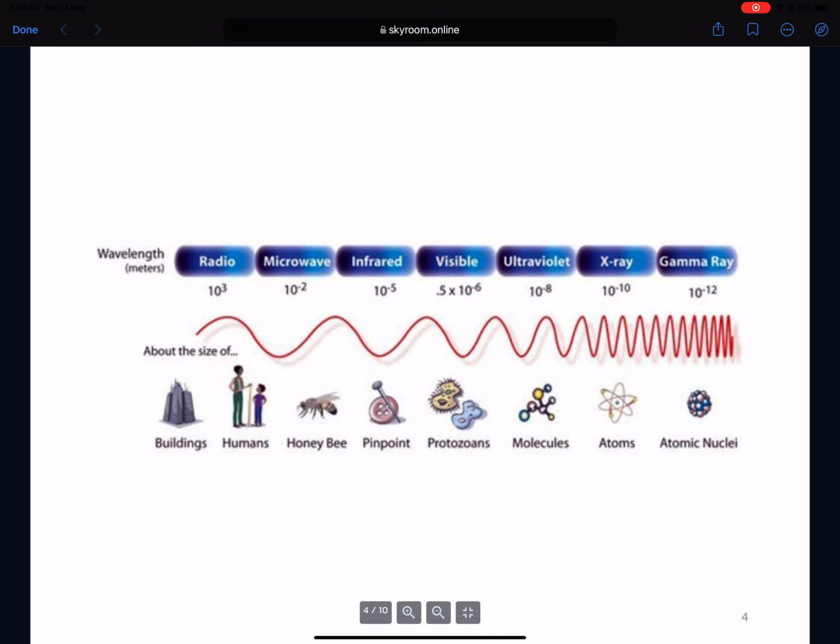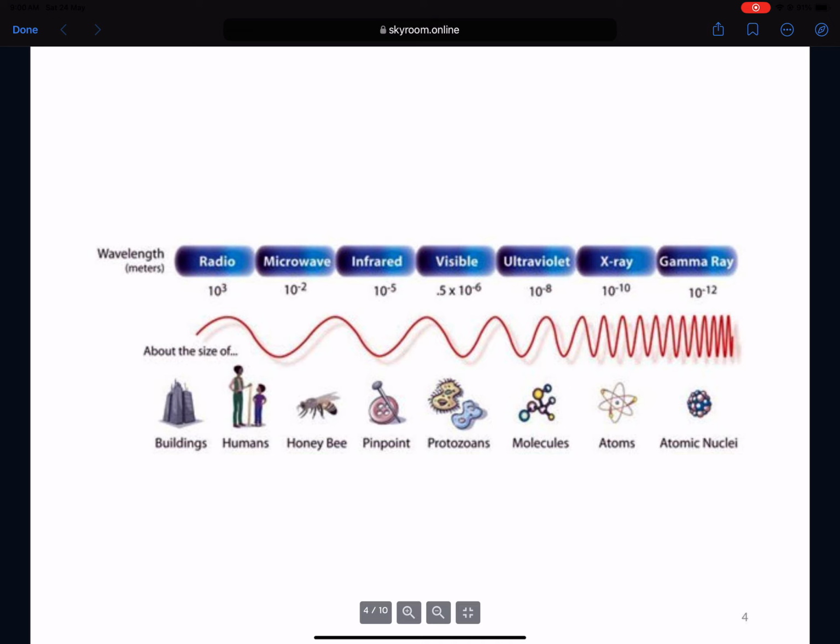But the wavelength is very long, because I told you when the frequency increases the wavelength decreases. So when we go to the right of the slides, we will see the wavelengths decrease. For example, gamma ray, which is the last one on the right, has the highest frequency and lowest wavelength.